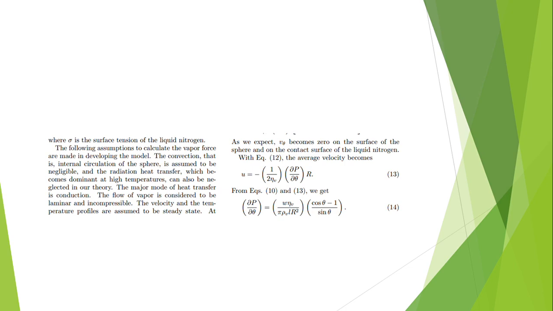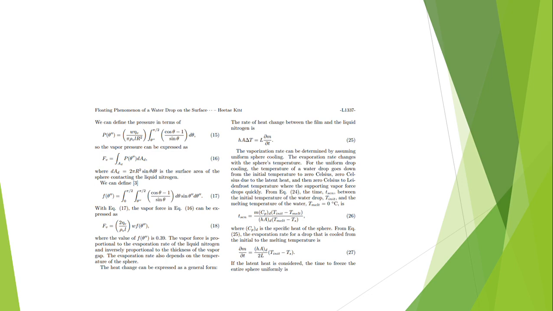The vapor velocity, and the temperature profile are assumed to be steady state. As we expect, v0 becomes 0 on the surface of the sphere and on the contact surface of the liquid nitrogen. With equation 12, the average velocity becomes U = −1/(2ηV) multiplied by ∂P/∂θ multiplied by capital R. From equations 10 and 13, we get ∂P/∂θ = ω ηV/(π ρV L R³) multiplied by (cos θ − 1)/sin θ.